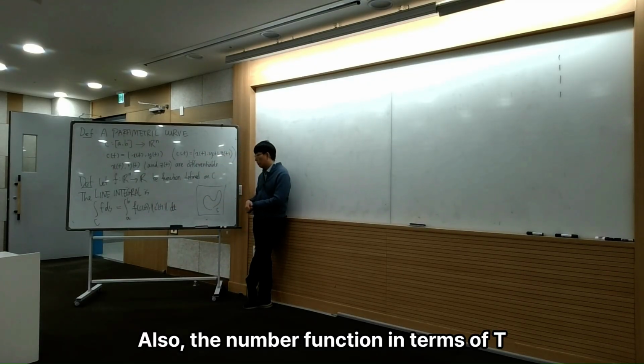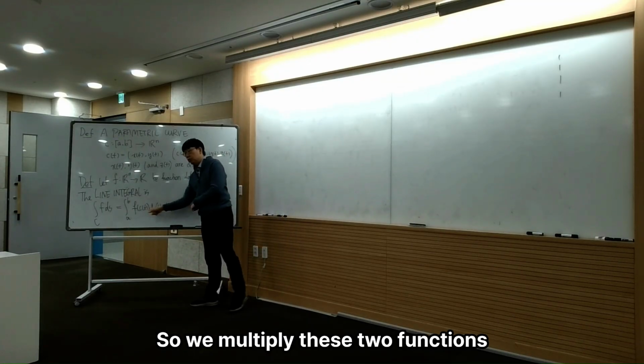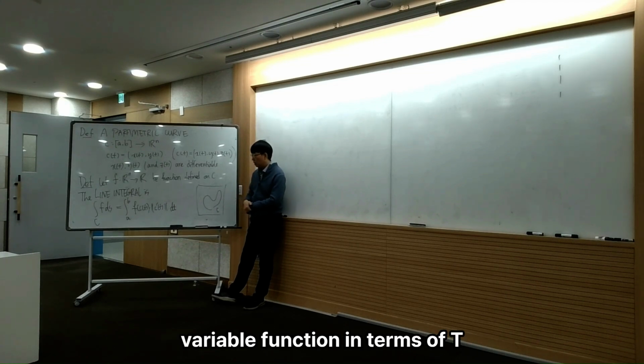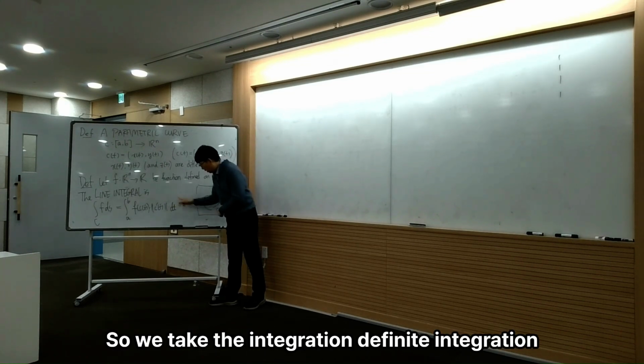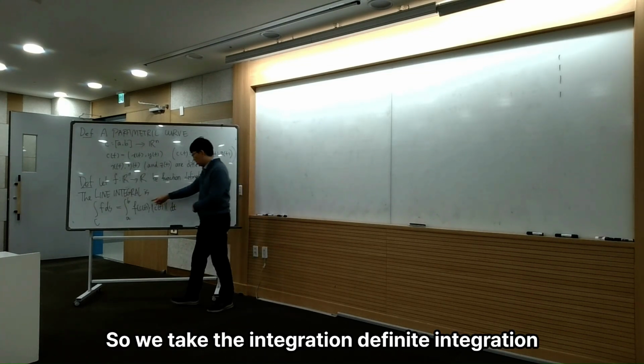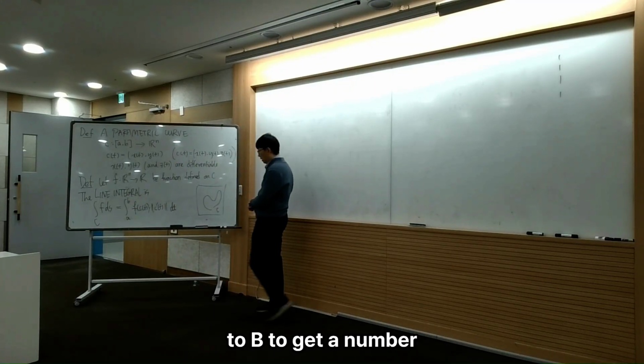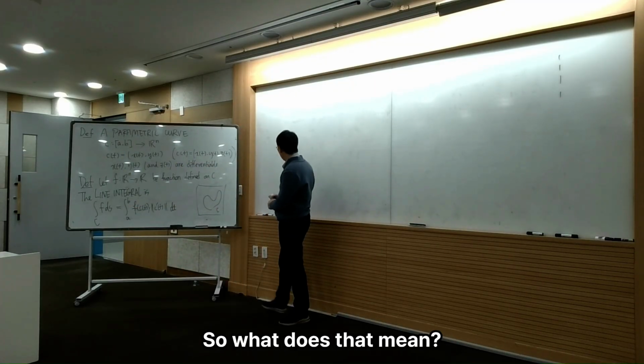So it's also a function in terms of t. We multiply these two functions to get a single variable function in terms of t, and take the definite integration on the interval where the curve is defined, a to b, to get a number. So what does that mean?